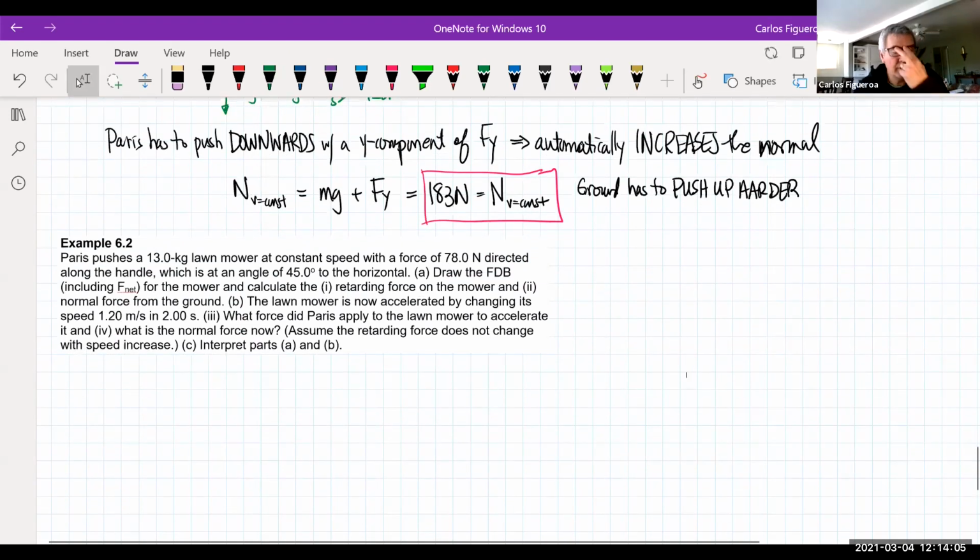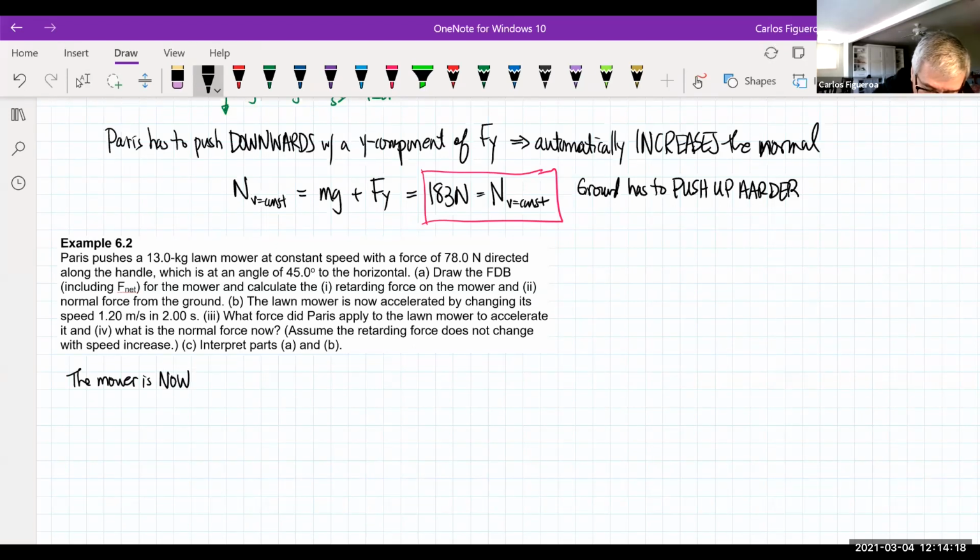So in this scenario here, the mower is being accelerated. The mower is now accelerating. So wait a minute.